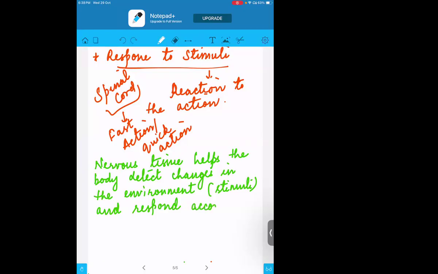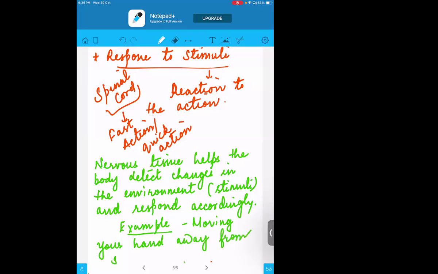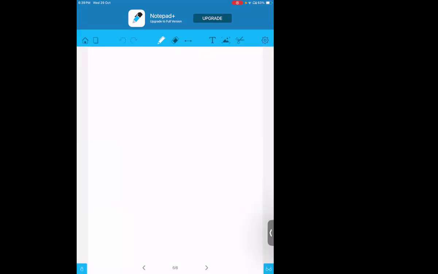So that is what they will be doing. For example, moving your hand away from something hot. If something is hot and we move our hand immediately, then it is basically the response to that stimulus. Now coming to the next one, the reflex action.